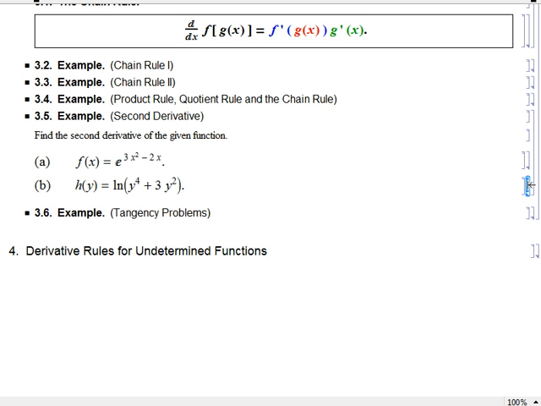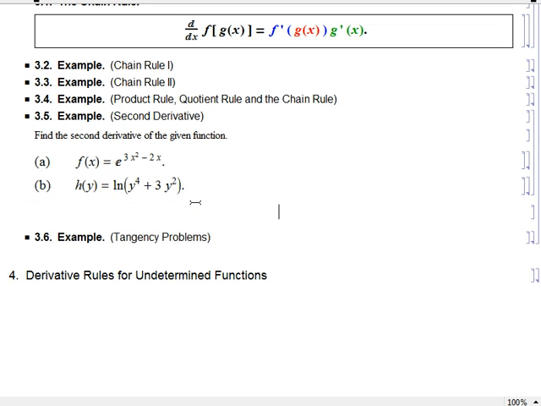Now the next example is related to chain rule and quotient rule. The reason is that if you take the derivative of a logarithmic function, well, what is the derivative of the log function? If it is just log of x, then the derivative is just 1 over x, isn't it?